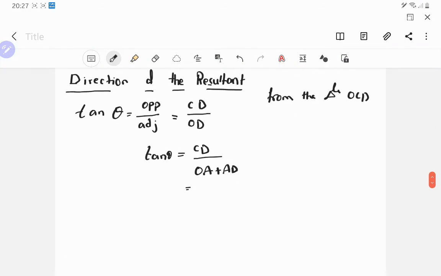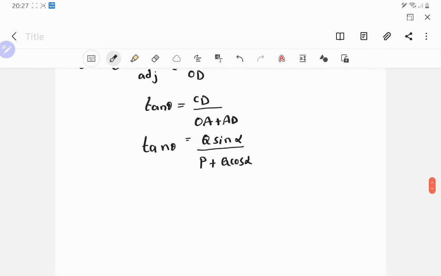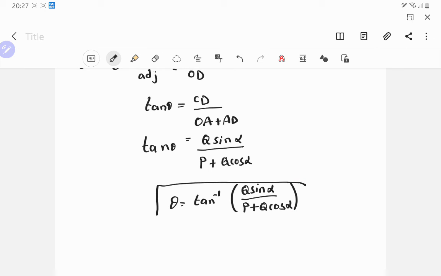So in the place of CD I am writing Q sin alpha, divided by OA, which is P, plus AD, which means Q cos alpha. So tan theta is equal to Q sin alpha by P plus Q cos alpha. Therefore theta is equal to tan inverse of Q sin alpha by P plus Q cos alpha. This is the formula for the direction of the resultant.